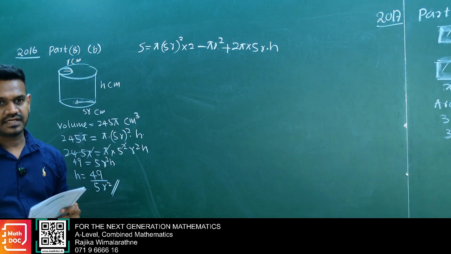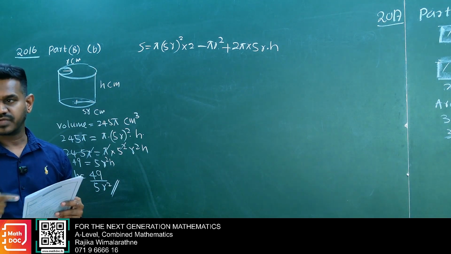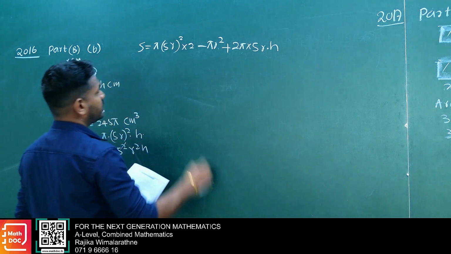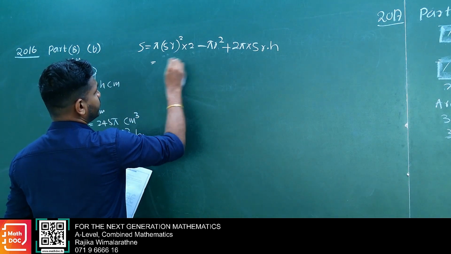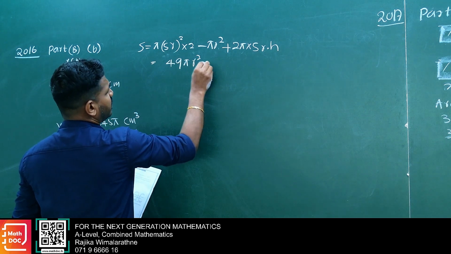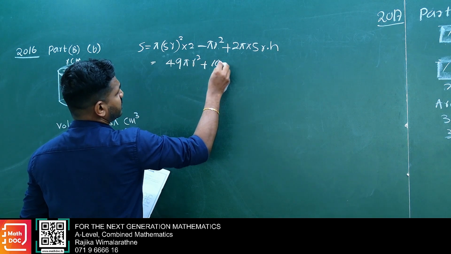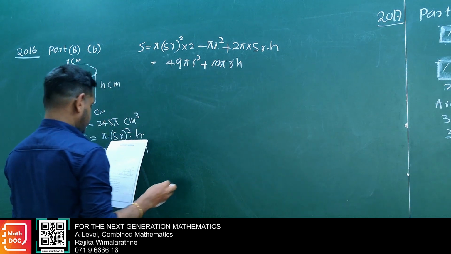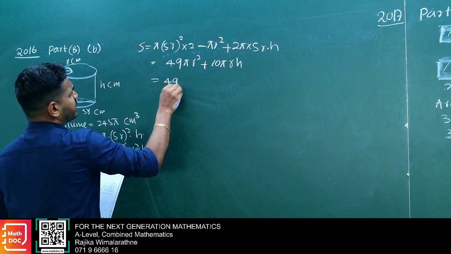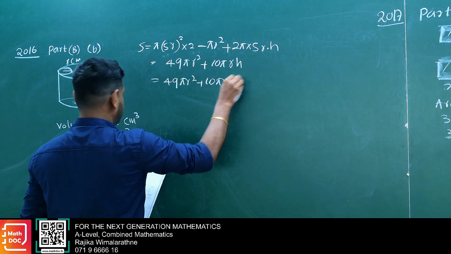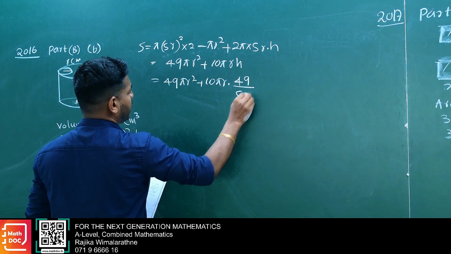Full surface area: 2 circular discs, remove the hole and the outer area. 25, 50, 49 pi r squared plus 10 pi rh. 49 pi r squared plus 10 pi rh, with h equal to 49 divided by 5 r squared.